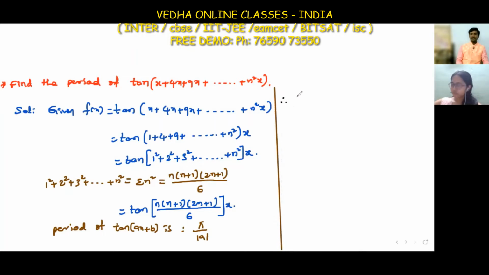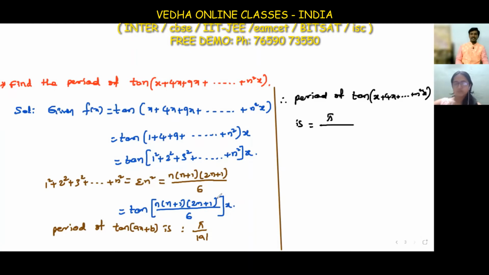Therefore, the period of the tan function, tan of (x plus 4x plus and so on plus n square x), is equal to pi divided by mod a, the x coefficient. What is the x coefficient? Just now we wrote the coefficient for x, that is n into (n plus 1) into (2n plus 1) divided by 6.